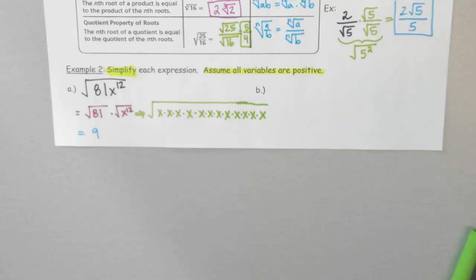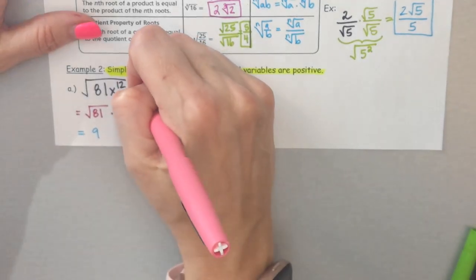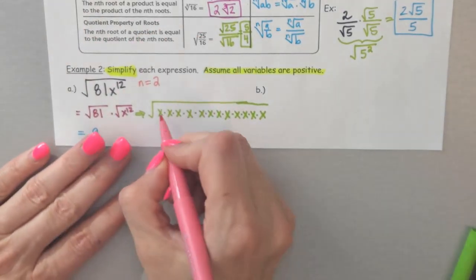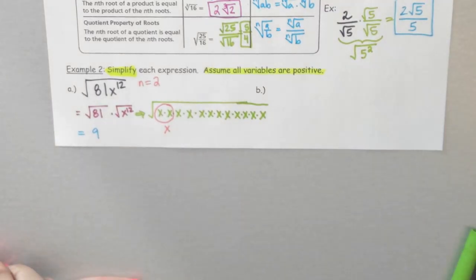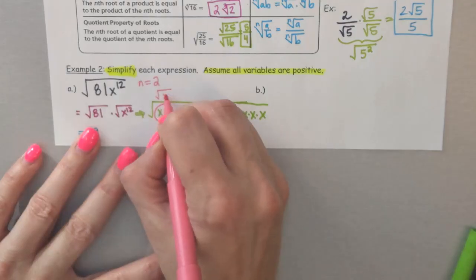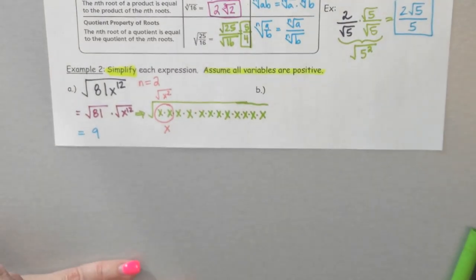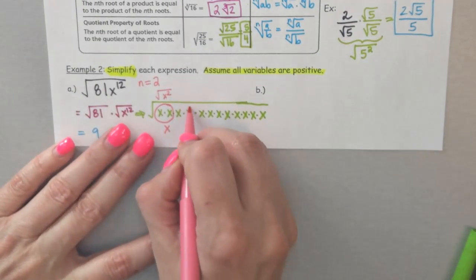Remember that the rule is whatever your index number is, you want that group to be taken out. Your index number, if you can't see it, is what? Your index number is 2 because it would be a square root. Anytime there's a group of 2 x's, 1 comes out. That's because you're doing the square root of x squared. And what's the square root of x squared? X.